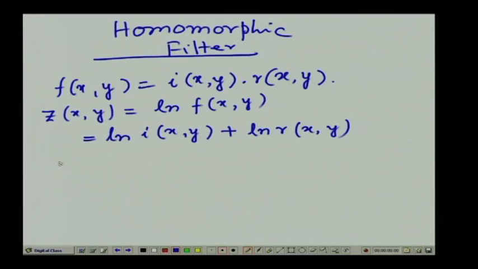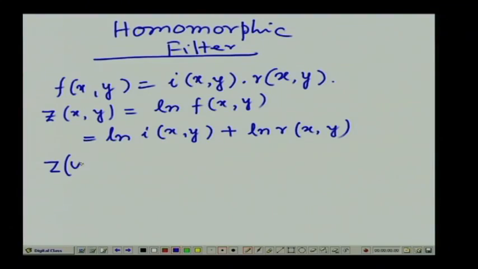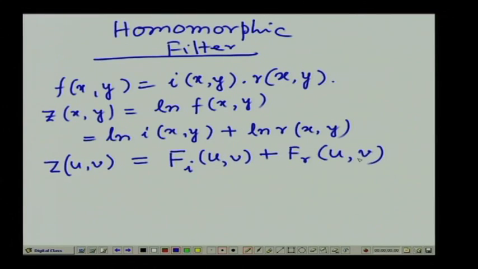If I compute the Fourier transform, then the Fourier transform of z x y will be represented by Z u v, which will have two components, F_i u v plus F_r u v, where F_i u v is the Fourier transform of ln i x y and F_r u v is the Fourier transform of ln r x y.